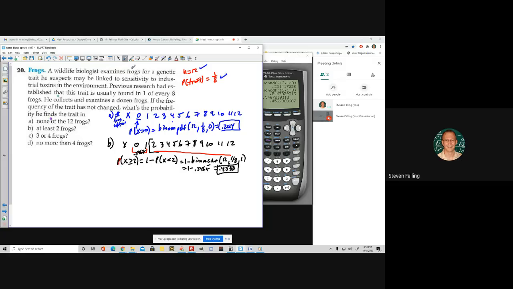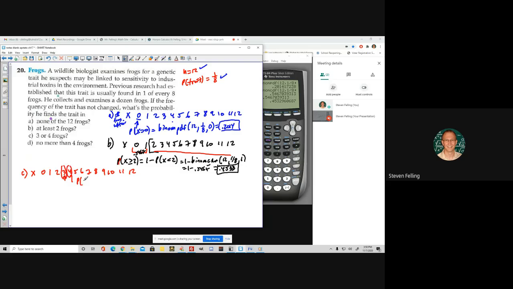All right. And then the next one says, what's the probability of having 3 or 4 frogs? Okay, so that means of the possibilities, 0, 1, 2, 3, 4, 5, 6, 7, 8, 9, 10, 11, and 12, I want just these two cases, 3 and 4. I could be clever and do subtractions, but I think I'm just going to resort to a binomial PDF for this case plus a binomial PDF for that case.